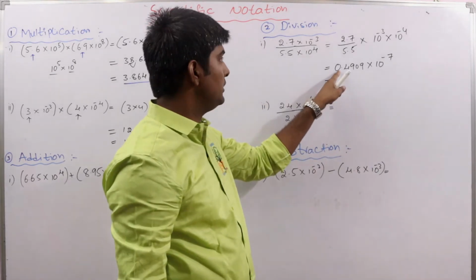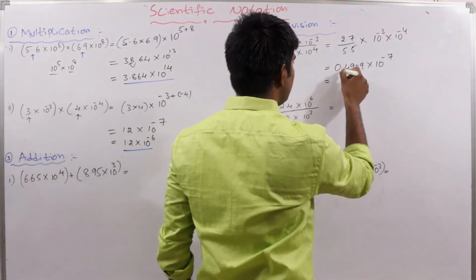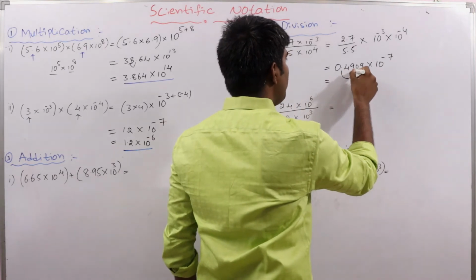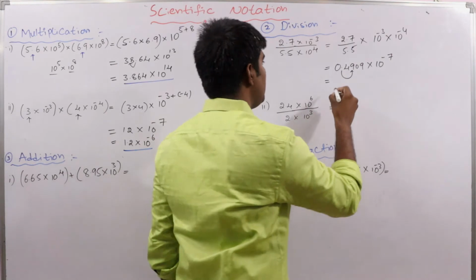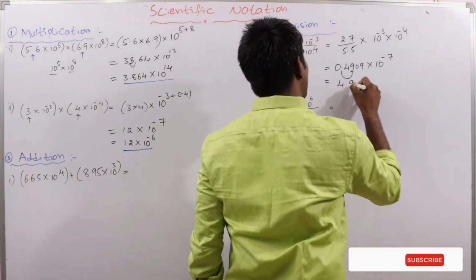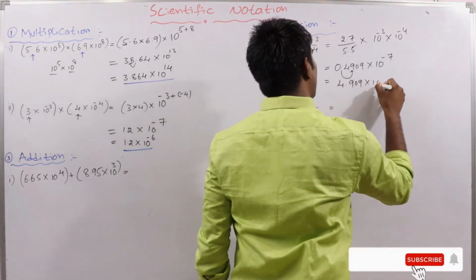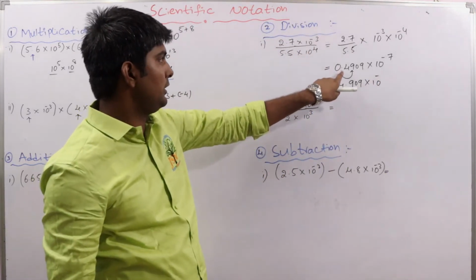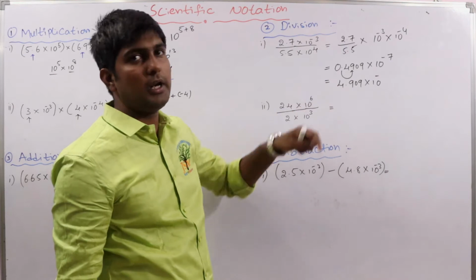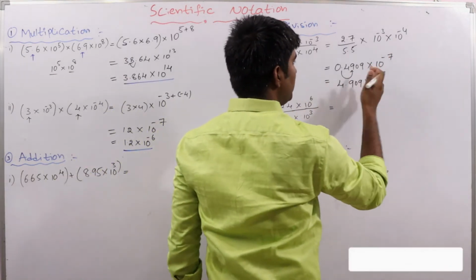Here we have 0, so we must shift the decimal point one position to the right. The answer will be 4.909 into, since the decimal point is shifted one position to the right, right?